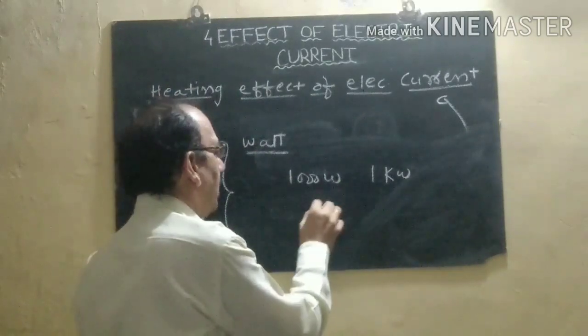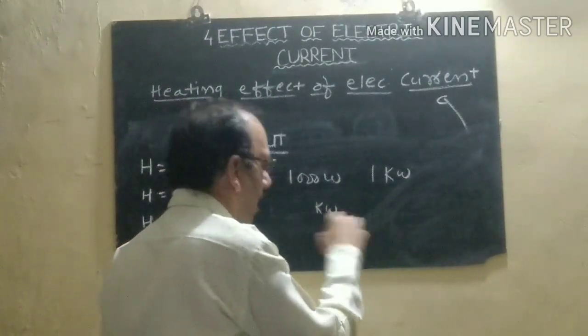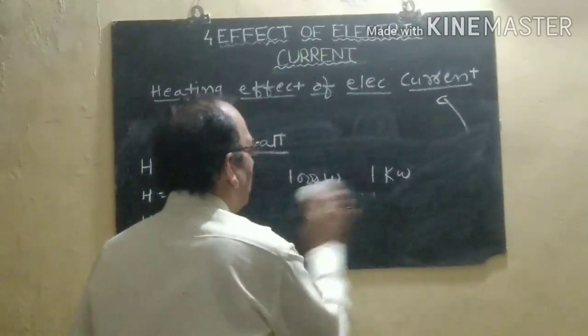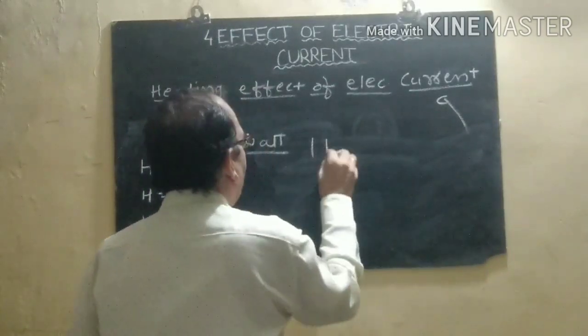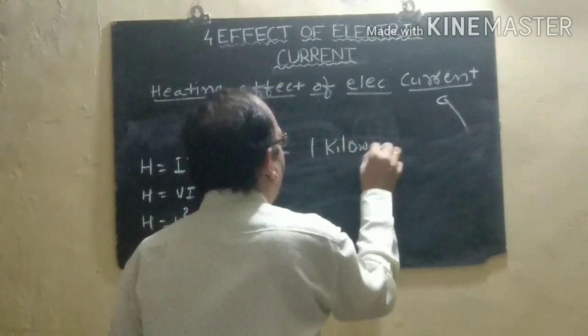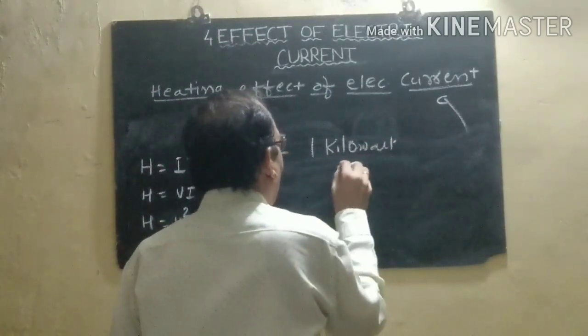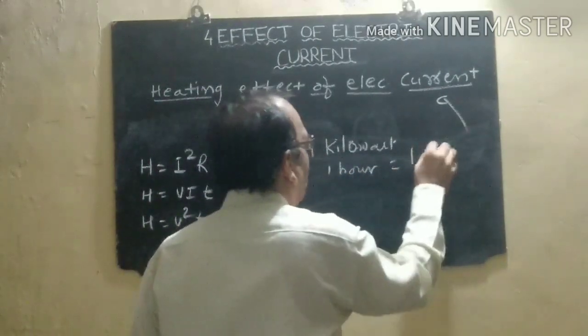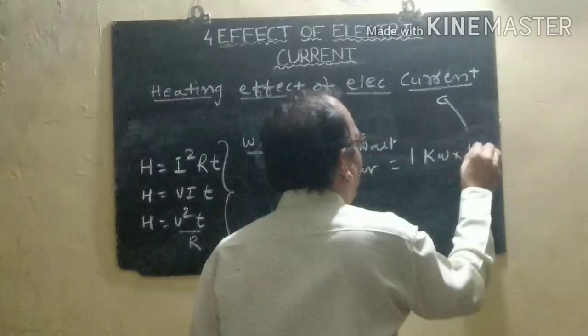When 1 kilowatt of electrical power is used for 1 hour, it is known as 1 kilowatt hour, equal to 1 kilowatt into 1 hour.